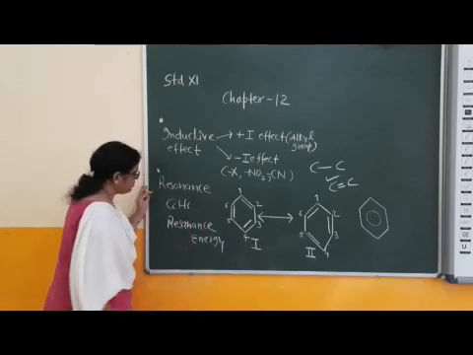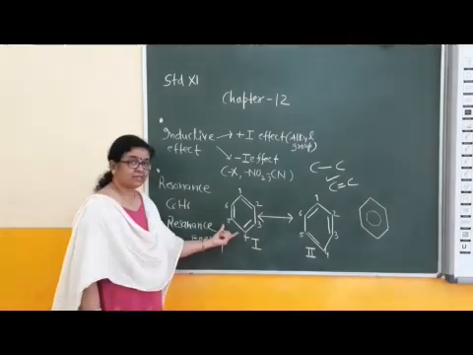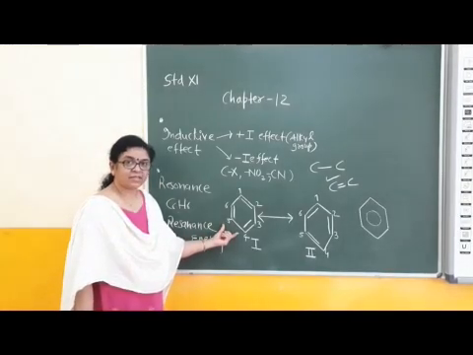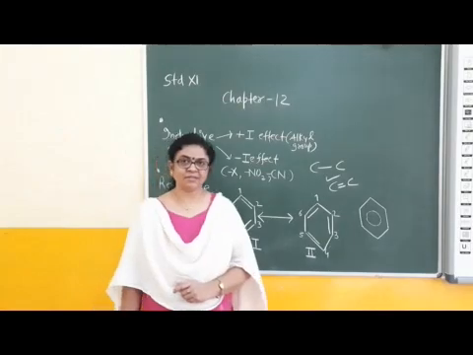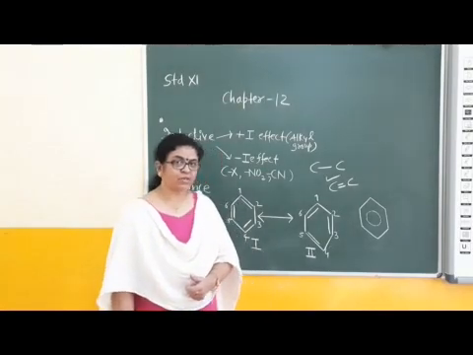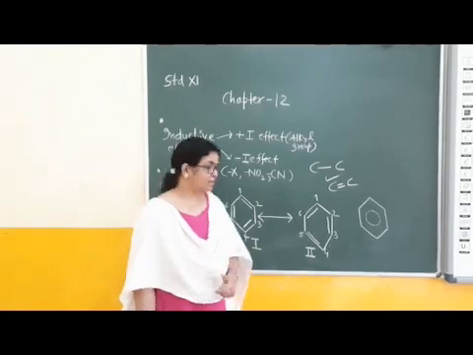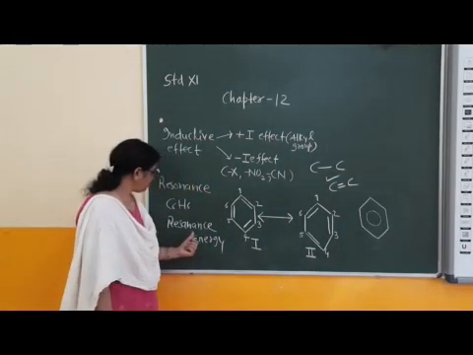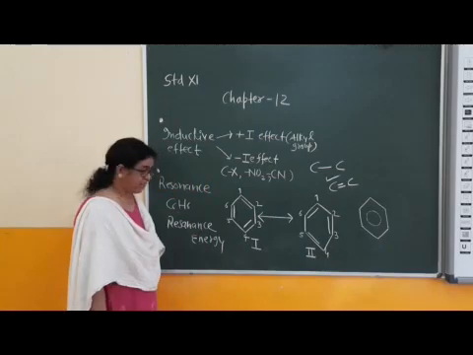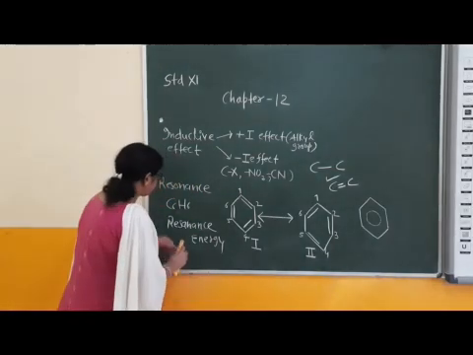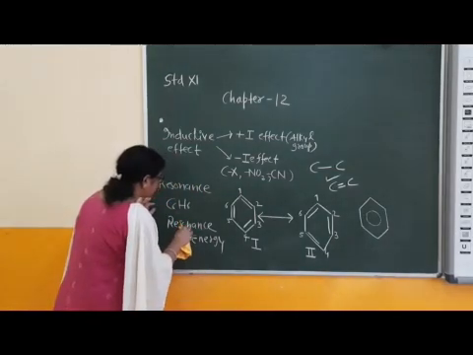This energy is related with the resonance structure. The difference in energy between two structures, the true or actual structure and the resonance structure in its lowest energy state, is called resonance energy. Okay.